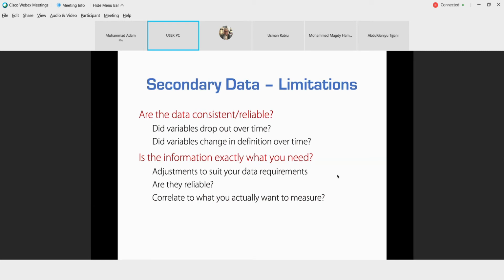Okay. When we say outdated, it means that the data is too old to be used. It's not about the number of years.